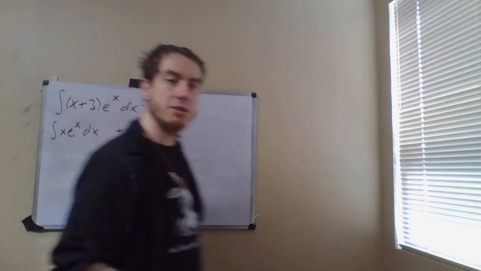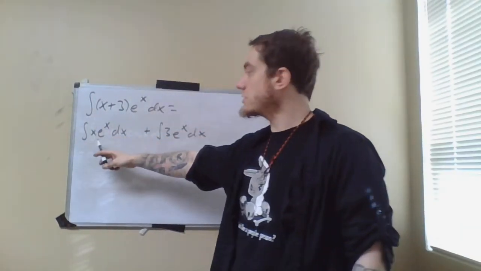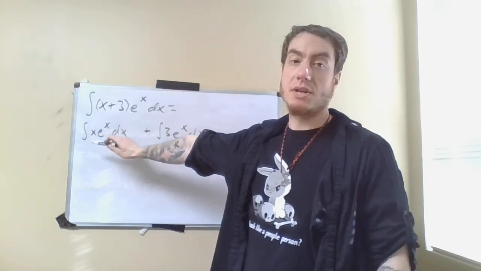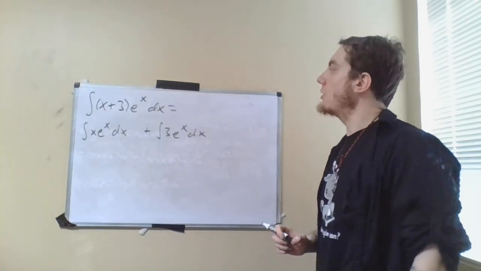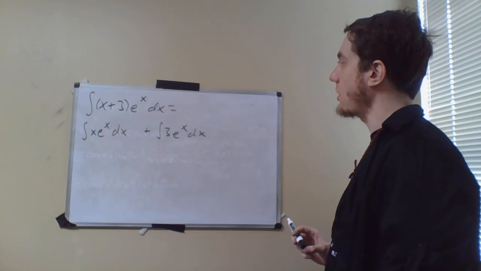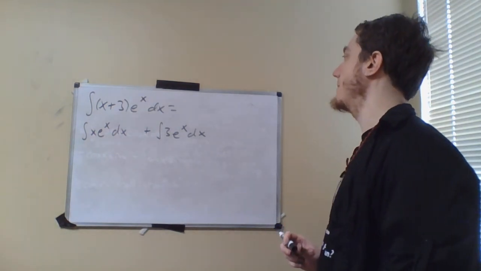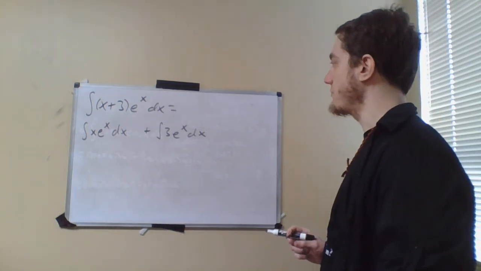The reason I want to do this is because I can now take this first integral and do this one by parts, and I can do this one without needing to do any parts at all. Although I guess if I wanted to, I could have actually done this whole thing by parts from the start by just taking u to be equal to x plus 3, and that would have worked as well.